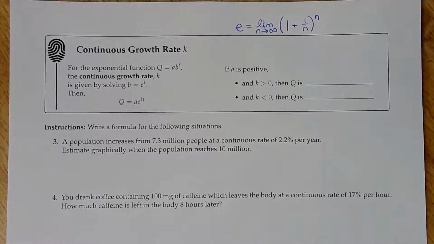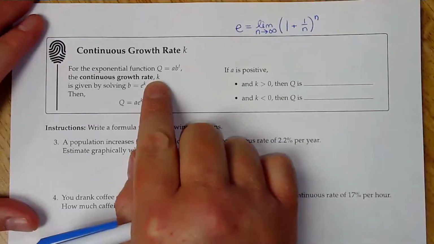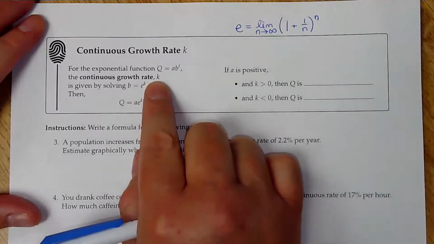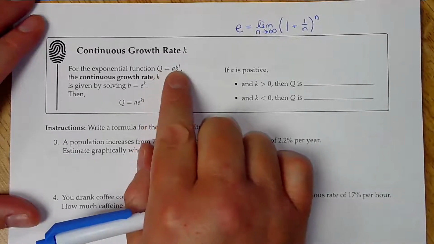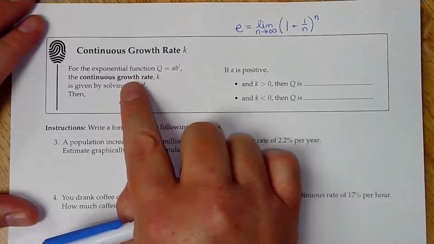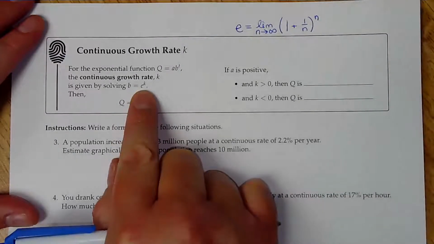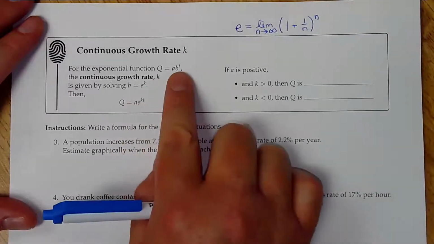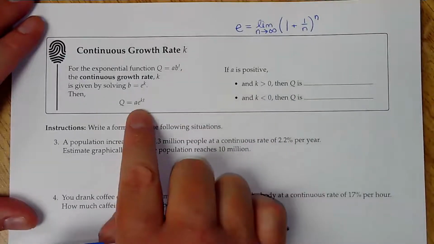Okay, so when we involve e there, we get a continuous growth rate. And for our continuous growth rate, we're using the letter k to represent that. Previously, when we've looked at generic exponential functions, we've used Q = AB^t. If we want to use a continuous growth rate instead of an annual growth rate, we're going to replace b with e^k. So Q = AB^t becomes Q = A e^(kt).